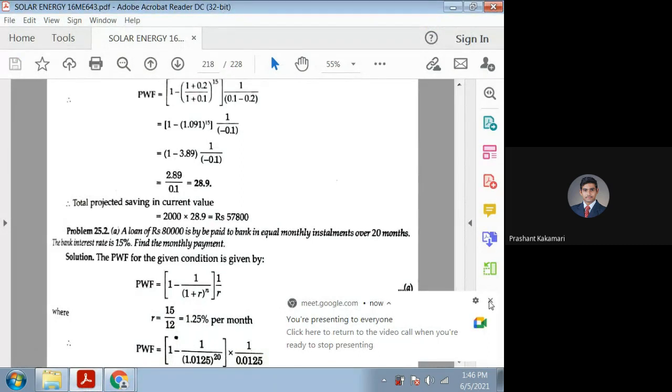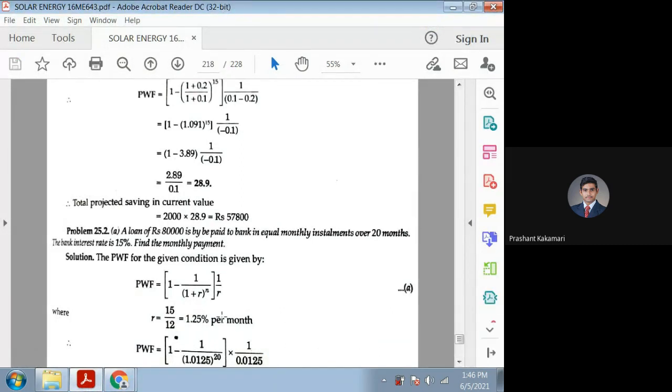Now coming to this problem, whenever they tell the bank interest rate, it is for the year. Always a bank or any loan provider will give the interest rate for a given year. So per year it is 15%.